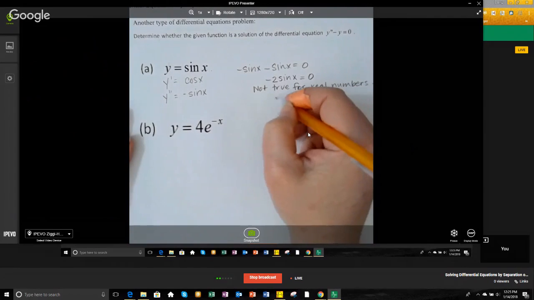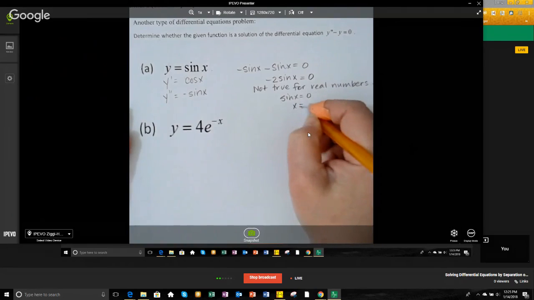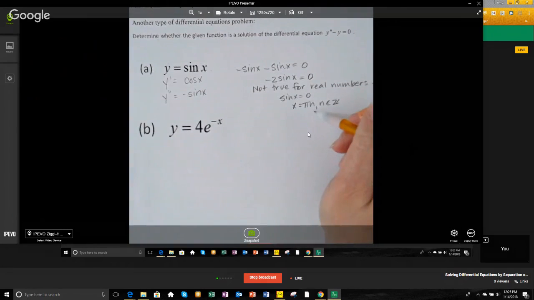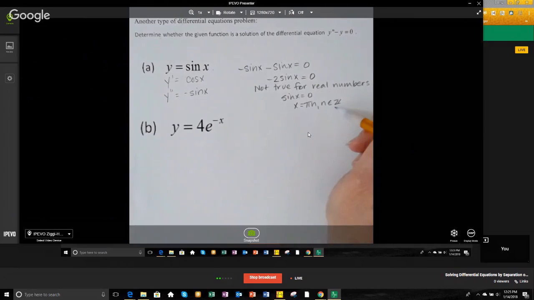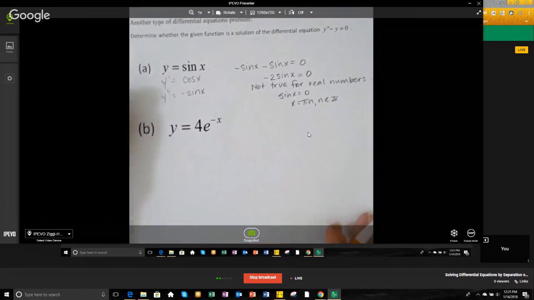That's when sine x is equal to 0. So this will be true when sine x equals 0, which is x equals pi n, where n is an element of the integer set. So this is not for all real numbers. It'll only be true when x is equal to some integer multiple of pi. So that's interesting. All right, so let's try the second one.